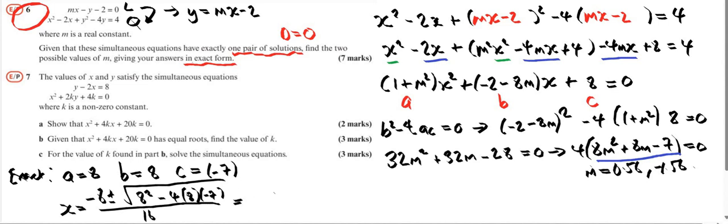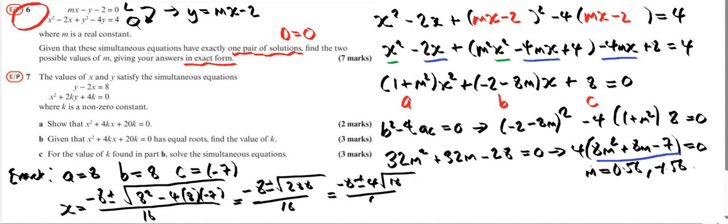Okay, so let's reduce it. It's going to be minus 8 plus or minus the square root. All of that gives me 288. Okay, and I've got a common factor, which I can take out. So I'm going to take out 4, which means I'm left with the square root of 18.